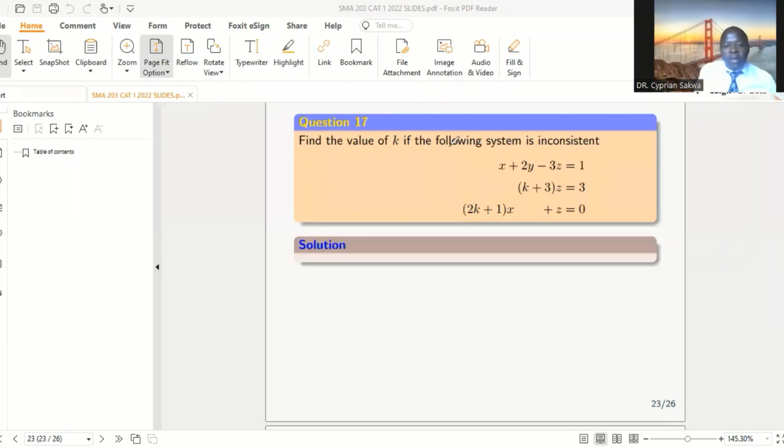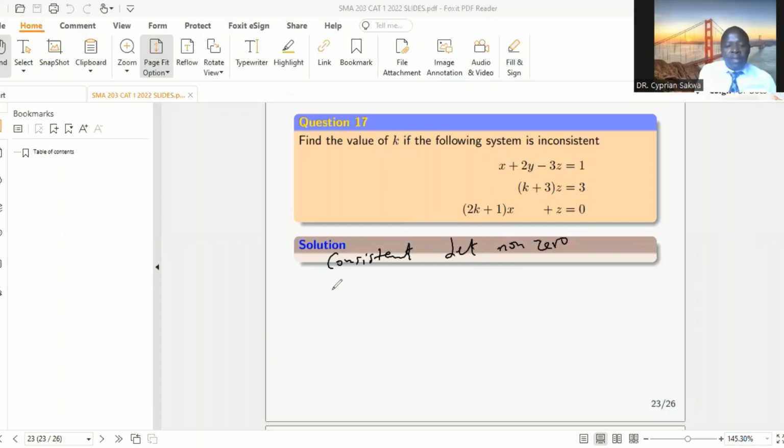Find the value of k for the following system to be inconsistent. Now, there are two ways that I will be doing this question. The first way is by use of a determinant. We know that if a system is consistent, the determinant will be non-zero.